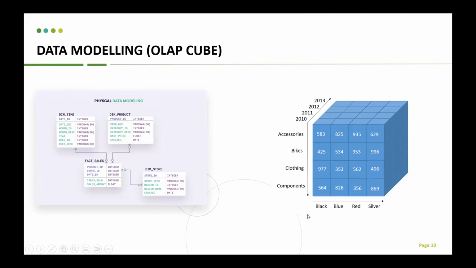If I want to do product by color, I can slice the data in any way I'd like. Whereas in your conventional OLTP method, this is a standalone in one database, and product against color is a standalone in another database, and so forth. So this is what we call data modeling. Later, I will show how Power BI enables this creation to allow an OLAP form of analysis to be conducted.